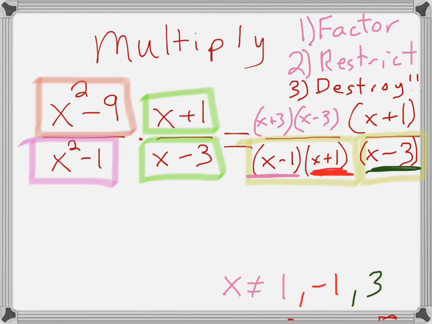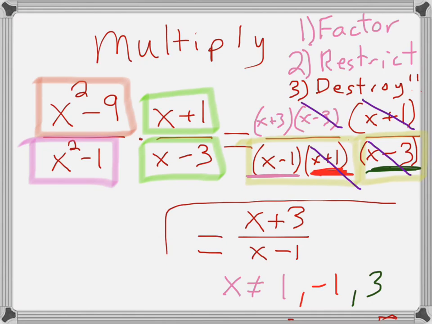The relationship between each item is only multiplication and division. This allows me to use the idea that division and multiplication are mutually destructive. So, our x plus 1s will cancel. Our x minus 3s cancel. And our final answer is x plus 3 over x minus 1, except x cannot be 1, negative 1, or 3.